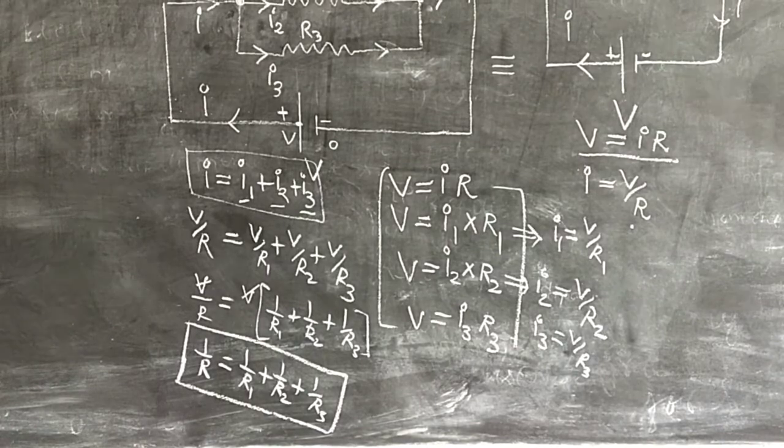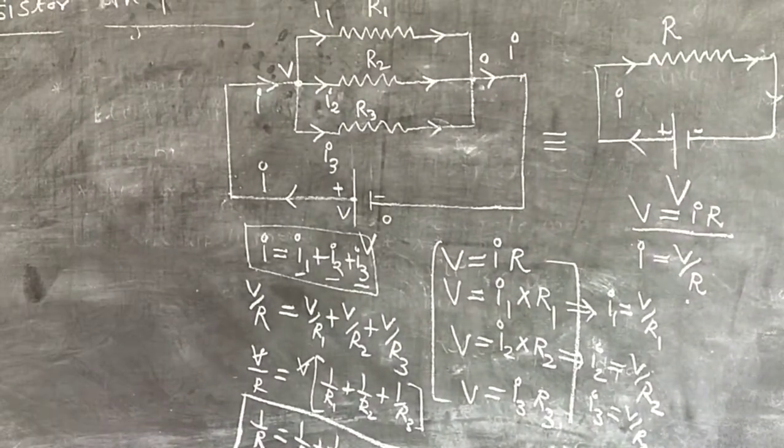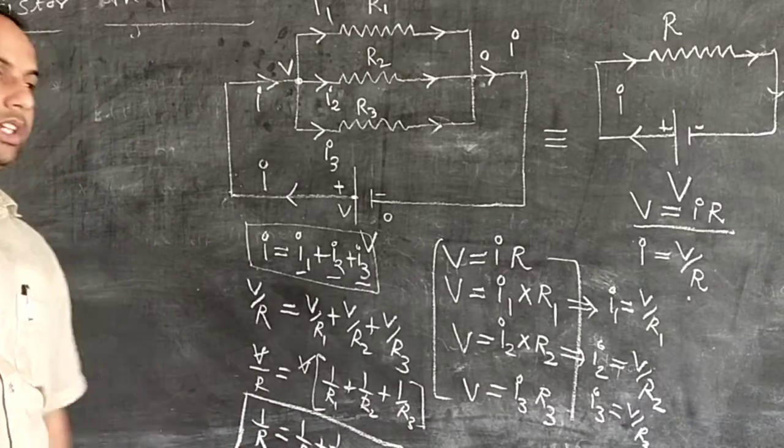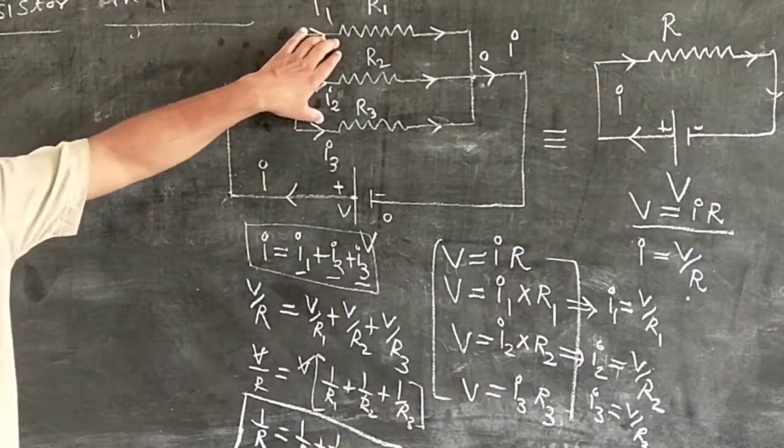Here the important point is, the first point is that if the resistors are connected in parallel combination, here only 3 resistors are connected.